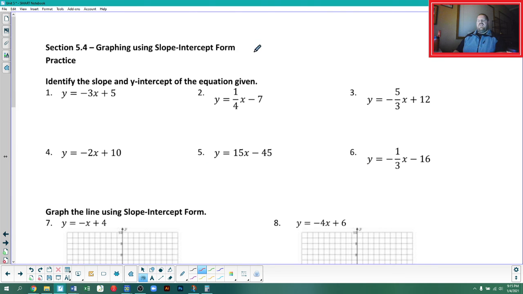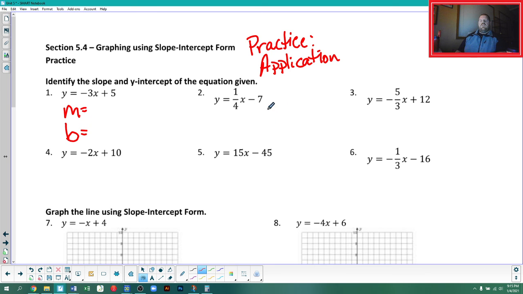As far as assigned homework problems go, we're going to say practice and application. Practice-wise, for these first 6, and not that you're doing all of them, you just want to say m equals, b equals.